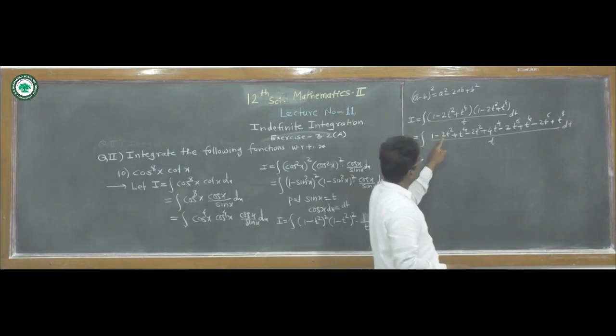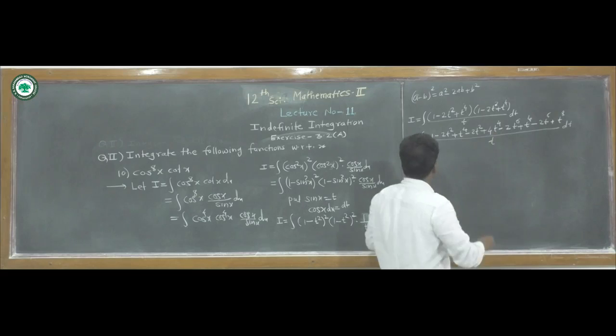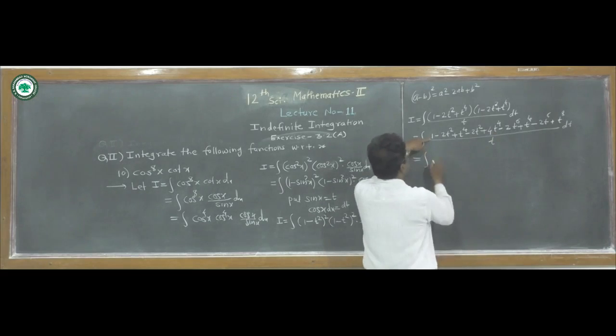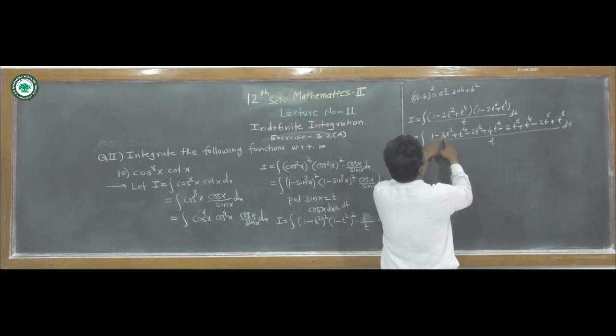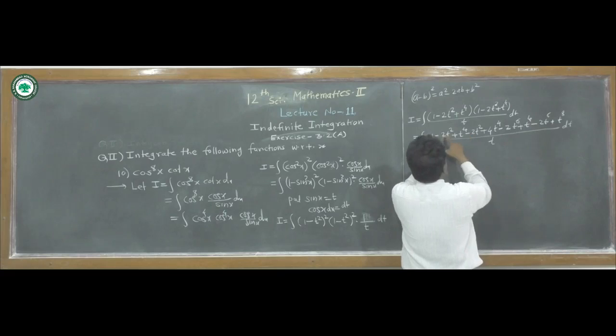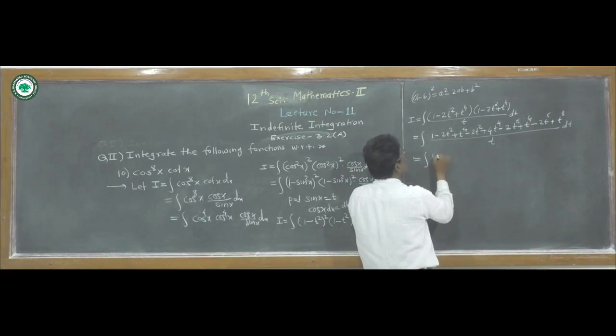Firstly collect the terms of the same powers, and so we get the integration of, here, the constant term 1 as it is. Now here minus 2t square, here minus 2t square. So these are the two terms of t square. So minus 2 and minus 2, it is minus 4t square.